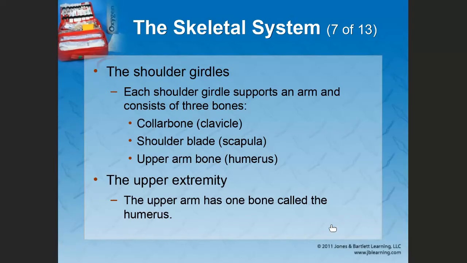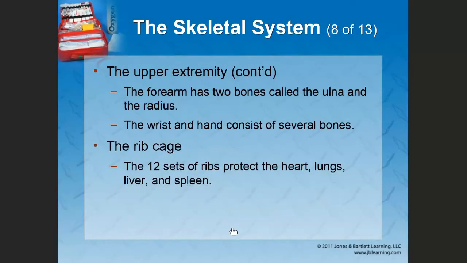The upper extremity consists of the upper arm, and it has one bone called the humerus. The forearm has 2 bones called the ulna and radius. The ulna is in line with the small finger or pinky finger, and the radius is in line with the thumb.